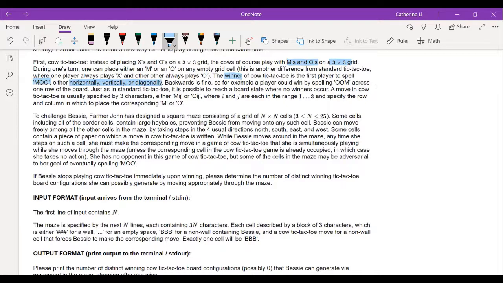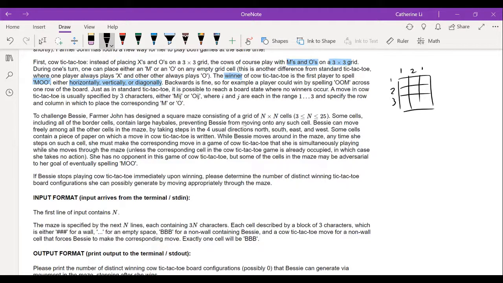So yeah, in the input, they're going to have MIJ or OIJ, and IJ represents where the M or the O is going to be placed in the tic-tac-toe thing.